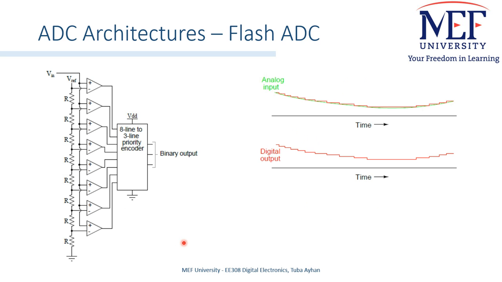This is the very simple flash ADC architecture. A flash ADC architecture is also a parallel ADC, which means we have the outputs in parallel at the same time. So we have multiple of those comparators comparing the input voltage with a reference voltage, and the reference voltages of those comparators are different from each other.